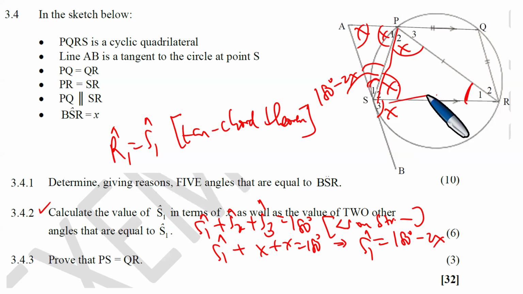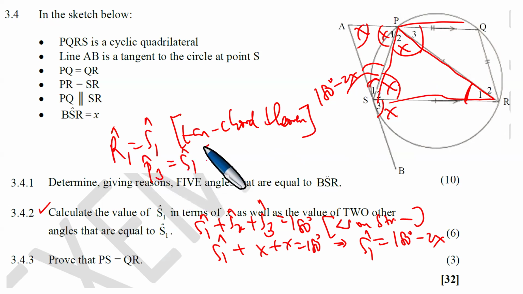Because obviously this one is doing this. So there's P3. So also angle P3 is equal to the angle S1. Why? They're alternate angles. Why?